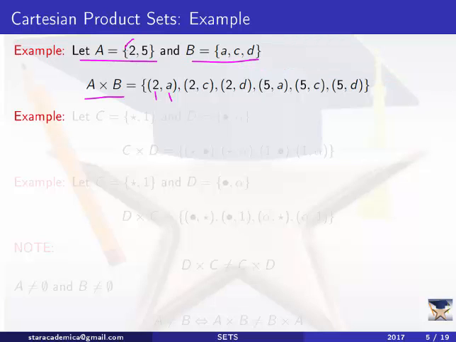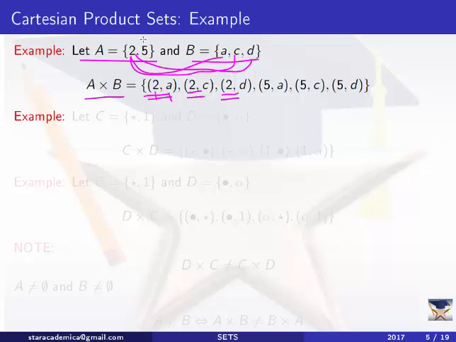We are going to take first 2 from the set A and compose all possibilities. So 2 is matched with a first to get (2, a). We match 2 with c, we get (2, c). We match 2 with d, (2, d). So these are all possibilities starting with 2 in the first position, coming from the set A.